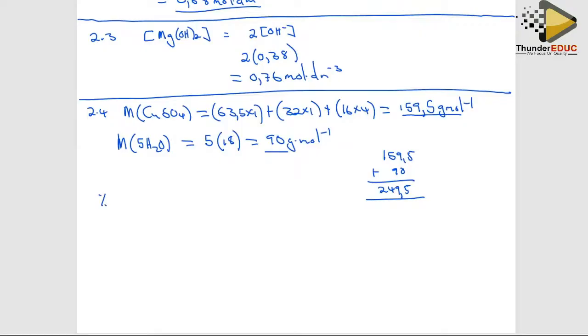So the percentage of H2O is equivalent to the 90 that I got for water over the total, 249.5, multiplied by 100 to formulate a percentage. Therefore, I'm going to get a value of 36.07%.